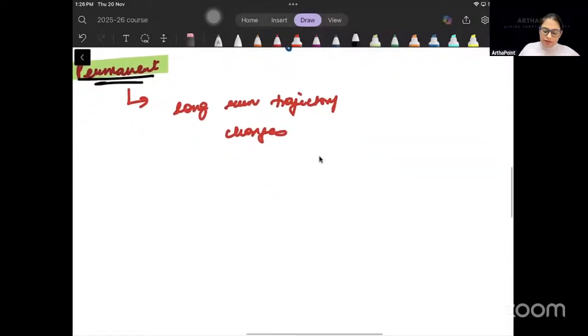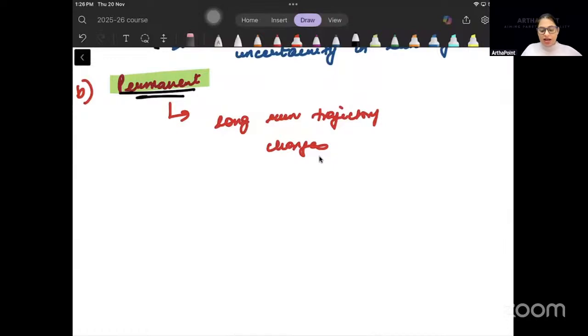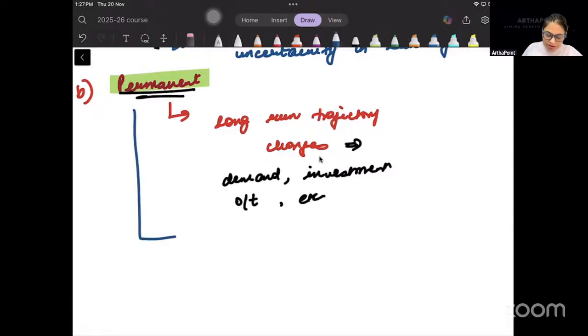So we have to say that when we talk about permanent shocks, these have lasting changes. They change the long run trajectory of demand, investment, output, etc. So in this case, permanent shocks have deeper and more persistent changes.